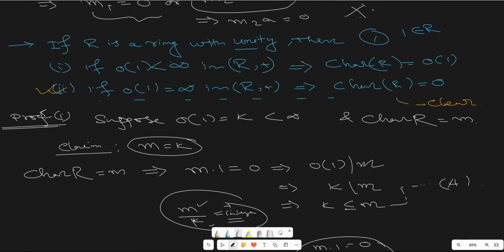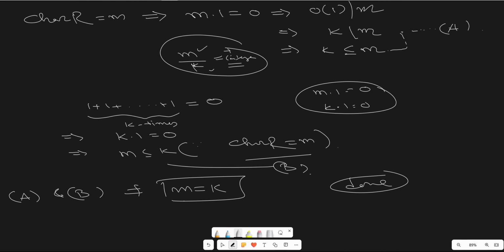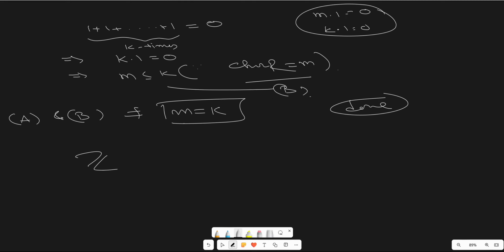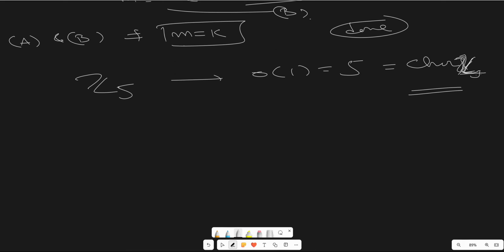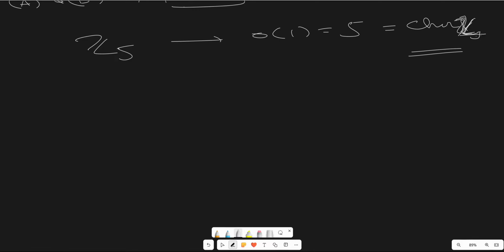If R is any ring with unity, and if the order of 1 is finite, then that order of 1 will be the characteristic of the ring. For example, in Z5, the order of 1 is 5, and this is also the characteristic of Z5.